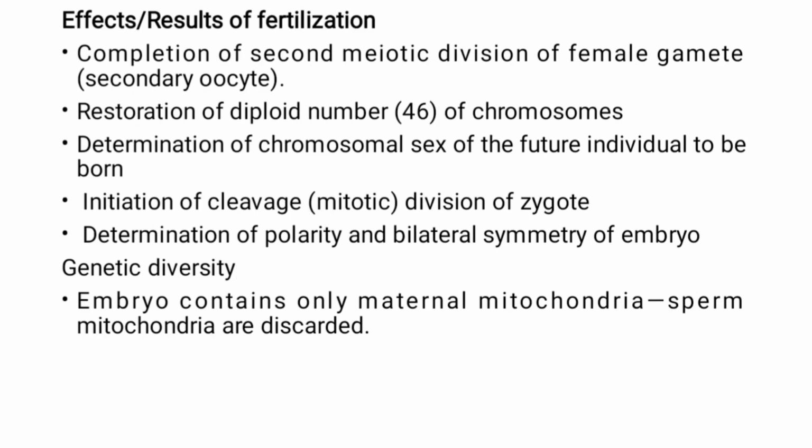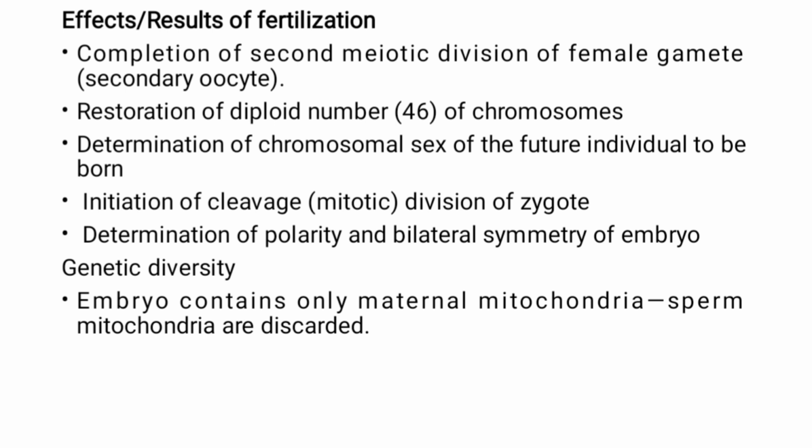So now I said, after we've talked about the process of fertilization, now what are the effects of fertilization, the results of fertilization? So there is completion of secondary meiotic division in the female genital tract. There is a restoration of the diploid number to 46 chromosomes, whereby there were 23 from the male, 23 from the female. They come together, they were haploid, now they form a diploid, a complete chromosome set, which is the normal number of chromosomes in the human being.